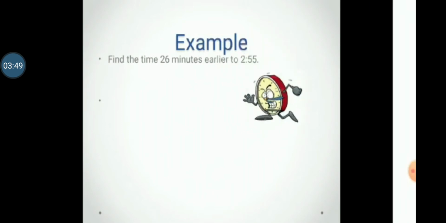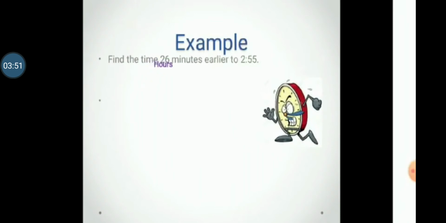For example, we need to find the time 26 minutes earlier than 2:55. Now here it's a very easy question because the minutes up are greater and the minutes down are smaller. So we need to subtract 26 from 55.